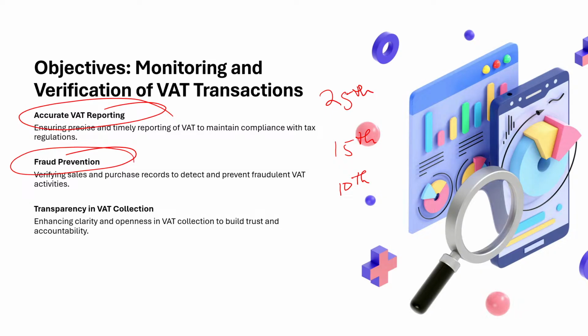Whenever there are no systems to reduce pilferage, whether in your business or at Zimra side, because we are clients to Zimra, as clients we commit fraud to Zimra, and they will lose revenue for that. So that's why they introduced FDMS.